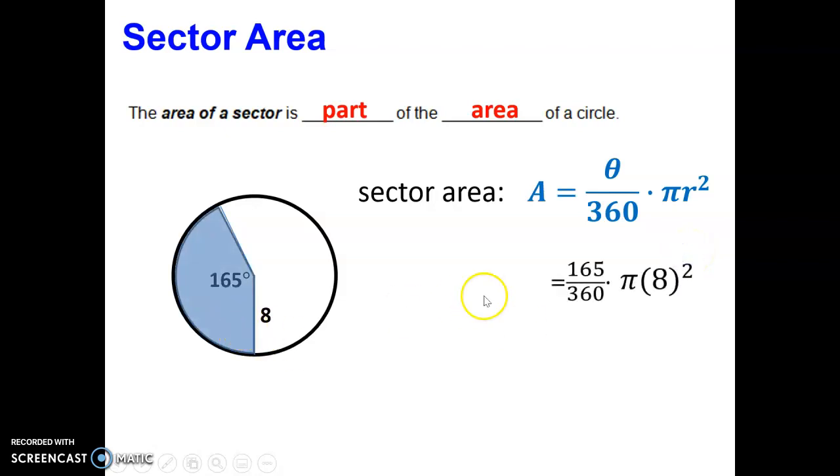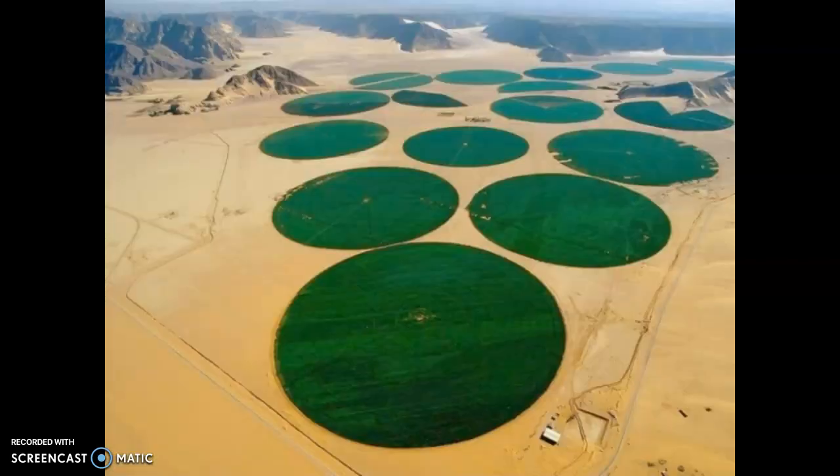We're looking for that area. 165 out of 360 is the portion we have times the full area. Calculate, and we get 92.2. Pretty easy to use formulas. I hope you feel comfortable with that example. Let's apply this to just areas now, because this lesson's about areas, but I wanted to compare the areas in this sector with arc lengths because that's important to see the relationship.